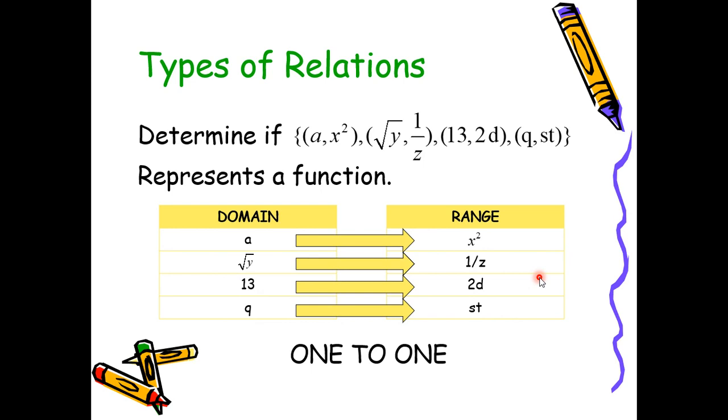Kung babalikan natin kanina yung definition po ng function po natin, ang sabi doon, for each element on your domain, there should be exactly one, or there should be a unique element on your range. Okay, since pinapakita po dito ng table na kada isang domain, isa lang din po yung element na makukuha niya kay range, therefore, one-to-one correspondence or this ordered pair is also a function.